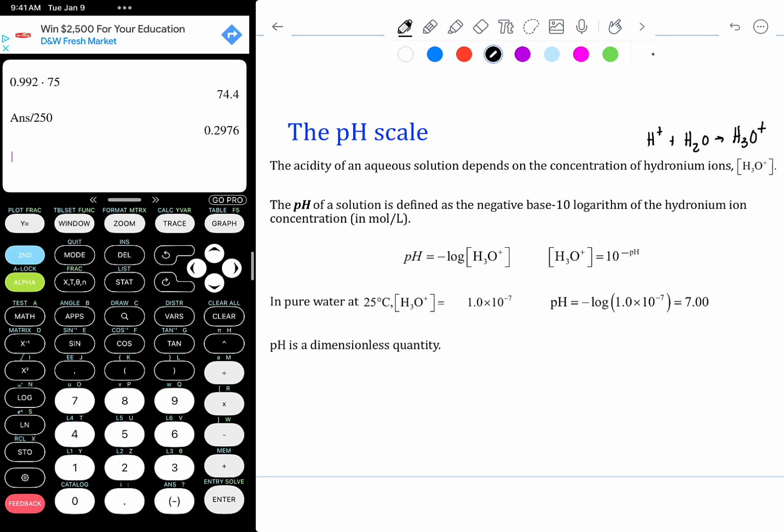The pH of a solution is defined as the negative base 10 logarithm of the hydronium ion concentration, as long as that concentration is in units of moles per liter, which we know as molarity. We show concentration in square brackets. So that little square bracket that's around the H3O+, that stands for concentration.